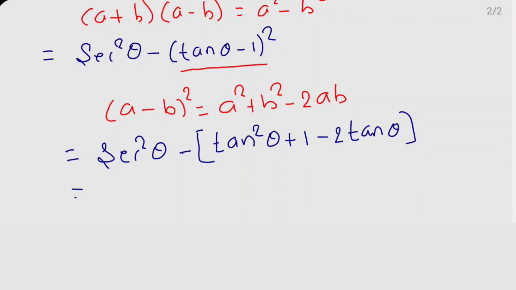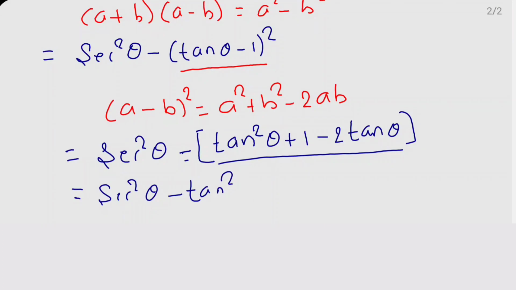And now here sec square theta as it is, and this minus multiplies by this whole term, so minus into tan square theta becomes minus tan square theta, and minus into plus 1 is minus 1, and minus into minus 2 tan theta becomes plus 2 tan theta. Is it clear?